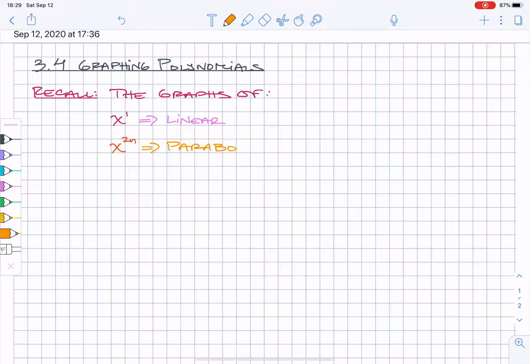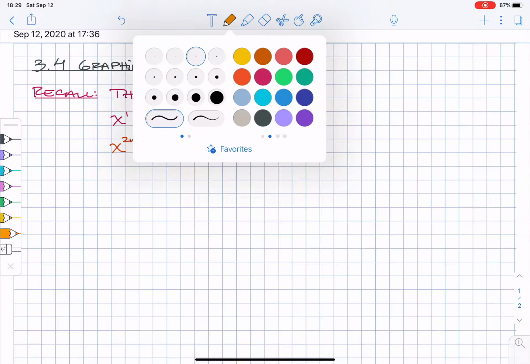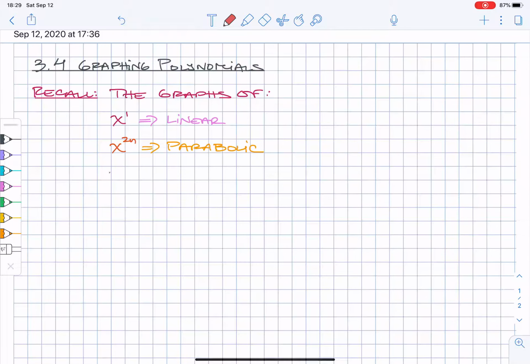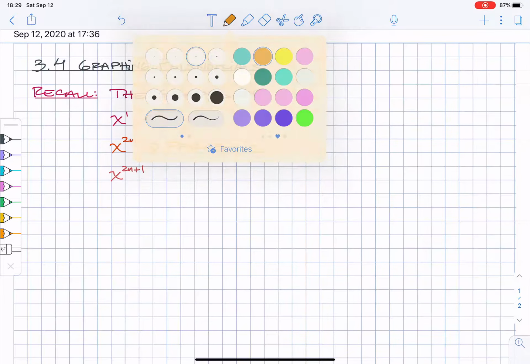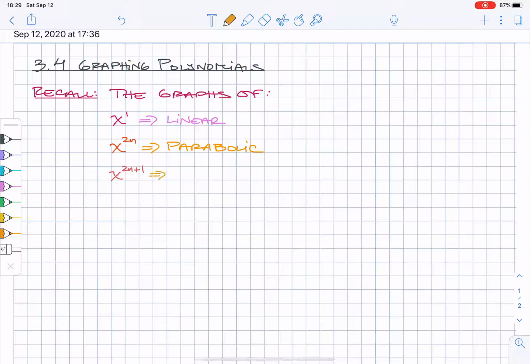So parabolic, that's the graph of a quadratic, is a parabola. And if we have x to the 2n plus 1, meaning an odd exponent other than the exponent 1, then this will be S-shaped, right? S-shaped.